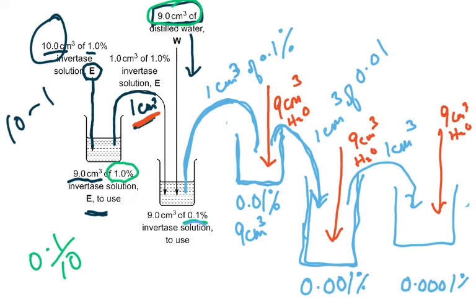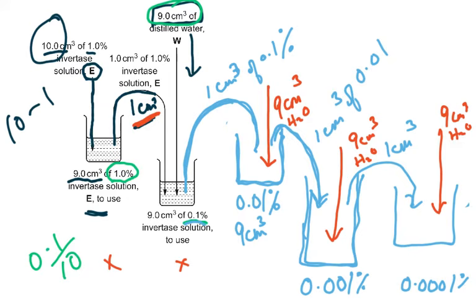So this is a very simple way of doing a dilution. The first two beakers gave you the clue of how you were going to do it. If you look at the first two beakers, they guide you as to how you're going to make the next three beakers. Because the first two beakers told you that you added 9 cm³ every time.